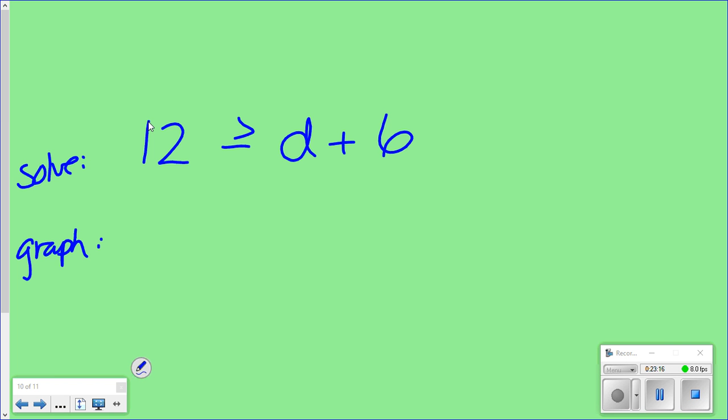Think about what it says. Question? One second.